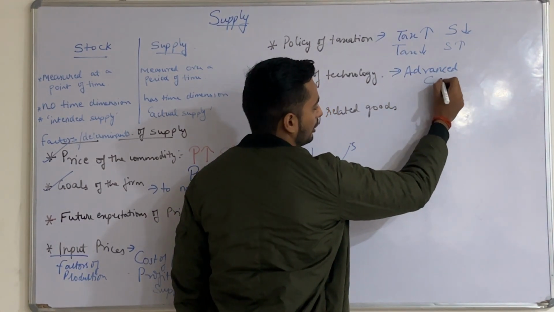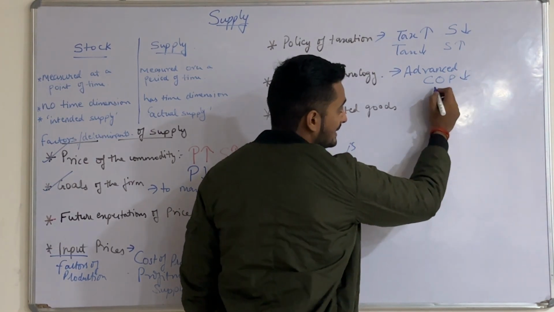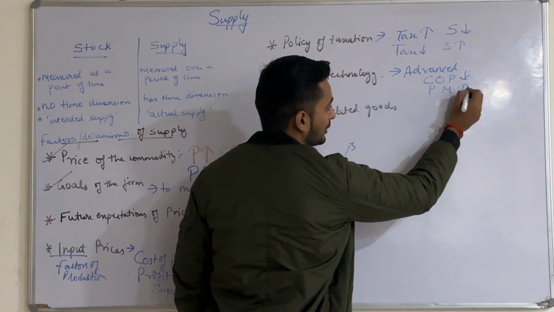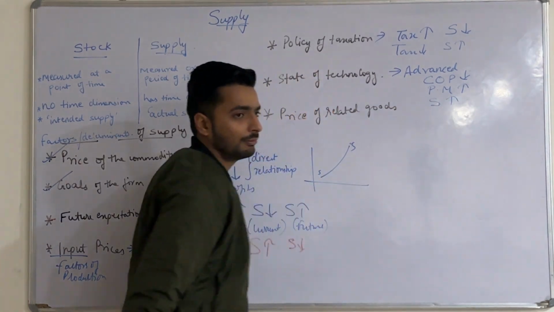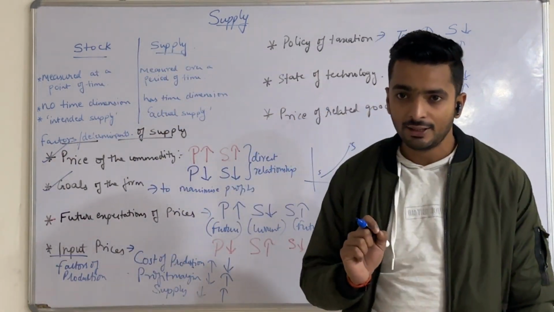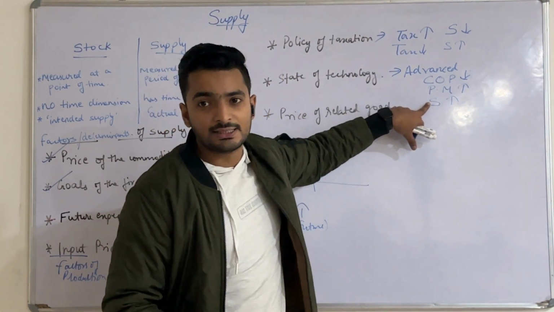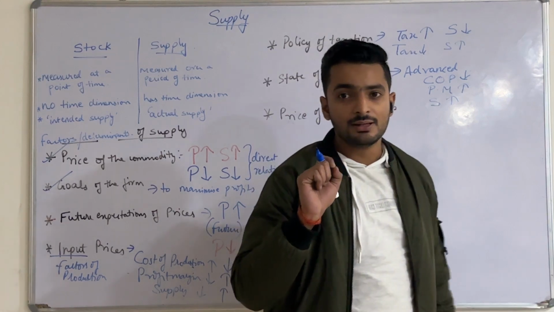So with advanced technology, cost of production will be less, which results in more profit margin and more supply. If they are using advanced or improved technology which reduces the cost of production, it results in an increase in profit margin and an increase in supply.